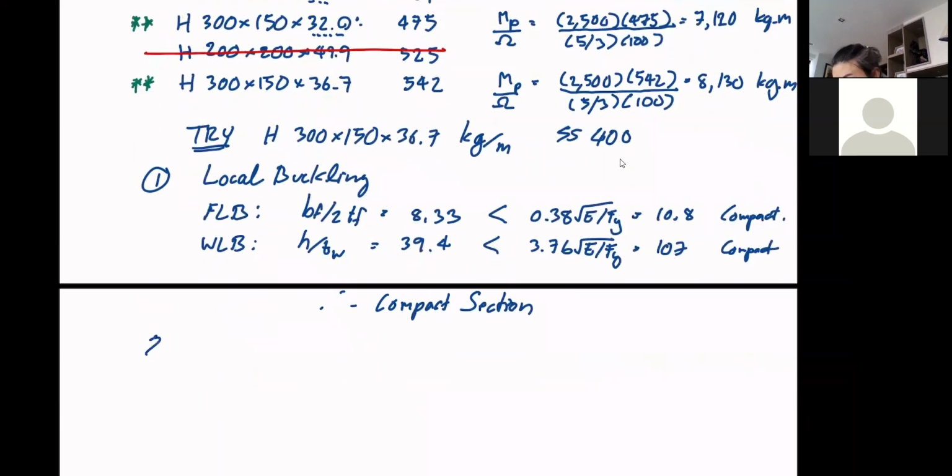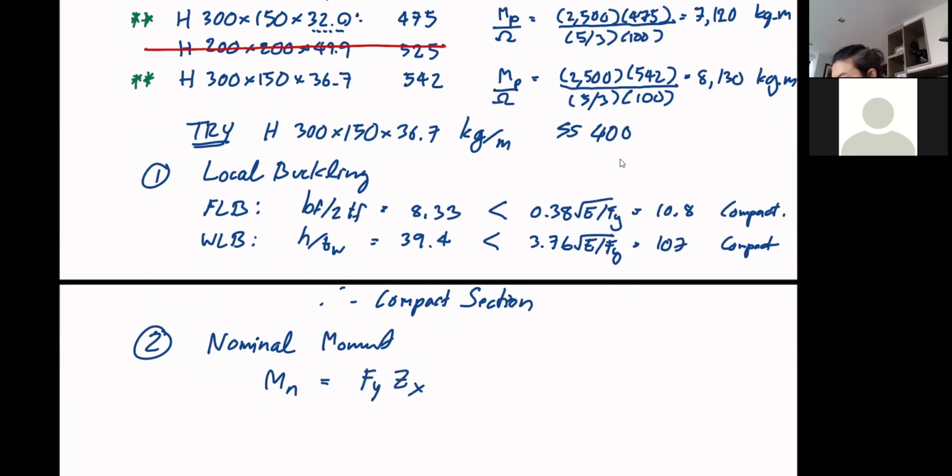So we go on to step number 2, for the nominal moment. Mn is going to be equal to, because we have the compact section, Fy multiplied by Zx. Correct? That is 2500. Our Zx is 542, divided by 100 to get the kilogram meter.